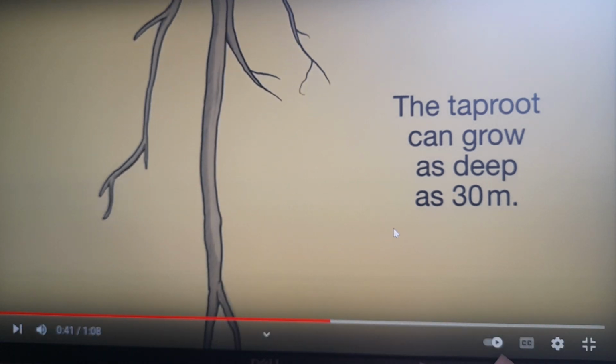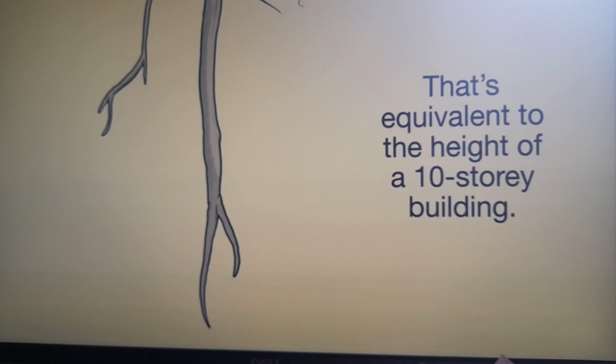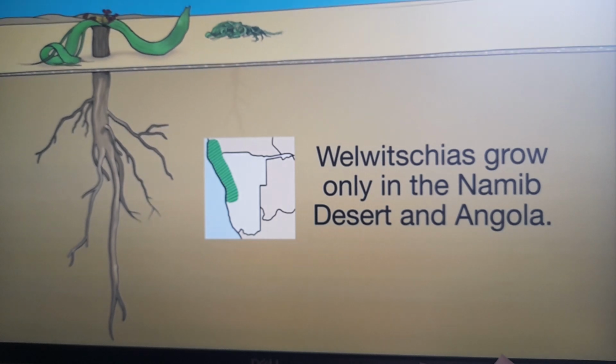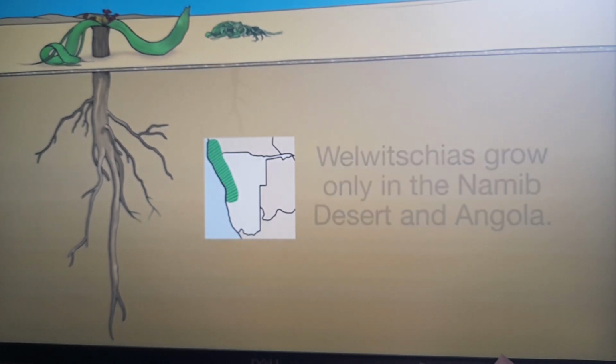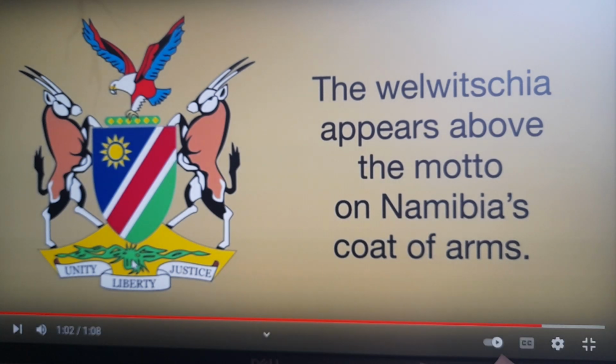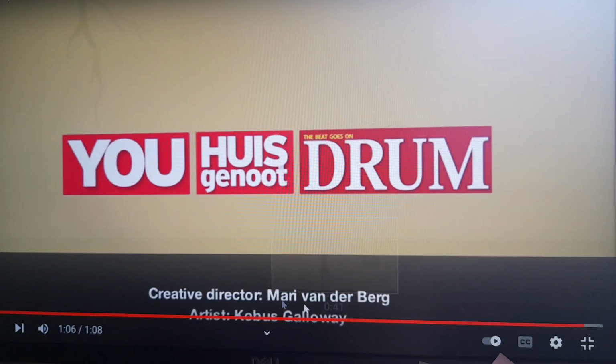The taproot can grow as deep as 30 meters, equivalent to the height of a 10-story building underground. See how long it is? Welwitschia grow only in the Namibian desert and Angola. The welwitschia appears above the motto on the Namibian coat of arms.